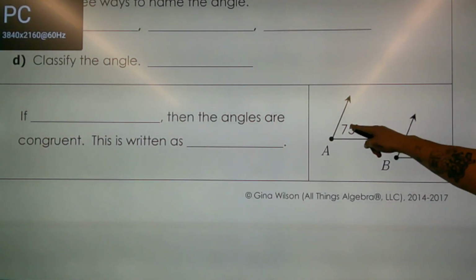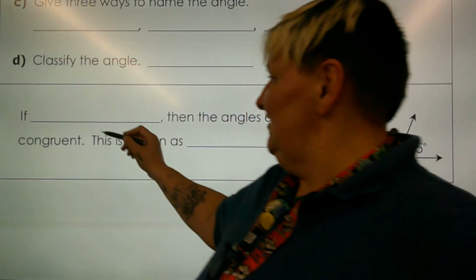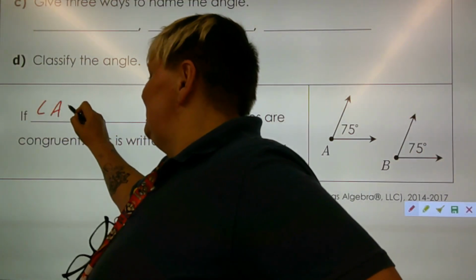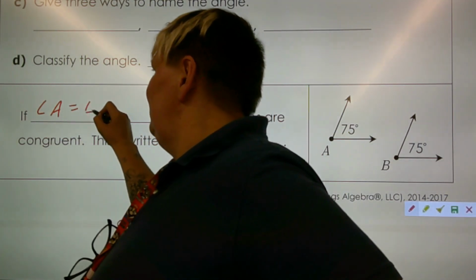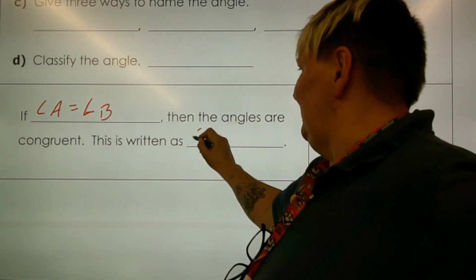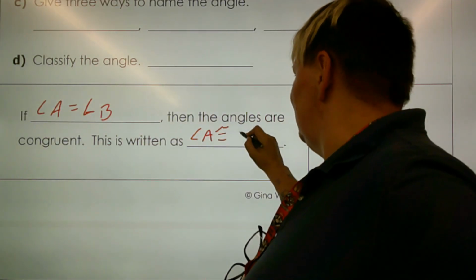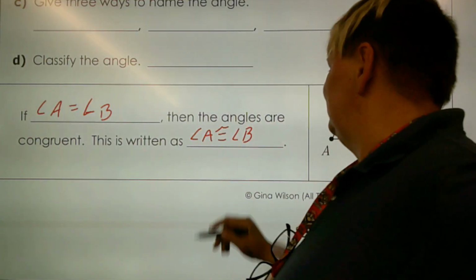They are the same degrees. They are congruent. Again, if angle A is equal to angle B, you could say that angle A is congruent to angle B.